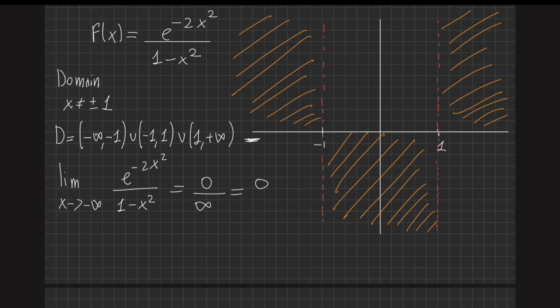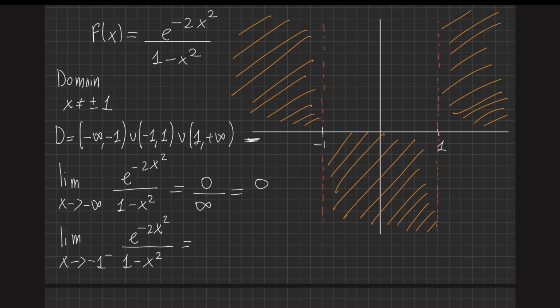Then we can compute the limit as x goes to minus 1 minus, from the left-hand side, of e to the minus 2x squared divided by 1 minus x squared. Now, since minus 1 is one of the zeros of the denominator, I have to be a bit careful.